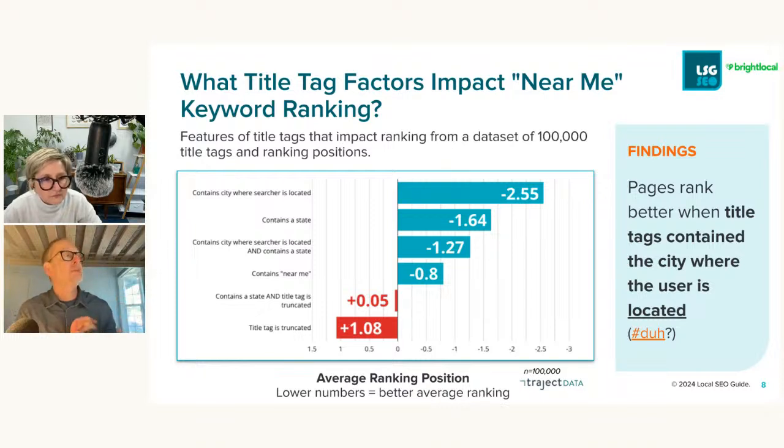Are you using the city? The state? The city and the state? Does it have the words near me? Really basic stuff. What was great to see was that ranking for near me queries is almost as stupidly easy as it was in 2015.